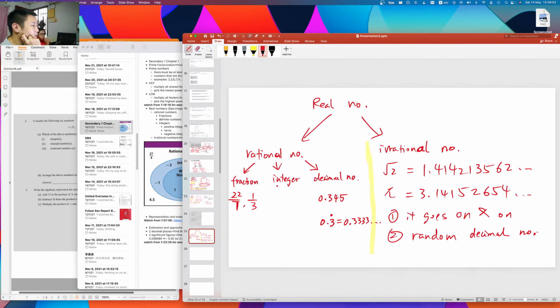Okay. Then integer. Integer you can branch out. Zero. Okay. Then you have positive integer, and then you have negative integer. So negative integer: minus 2, minus 3. Is the... can only be times by one number.